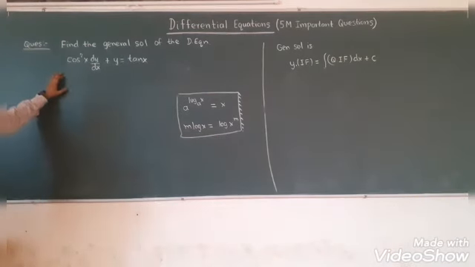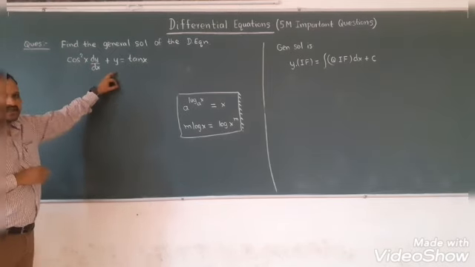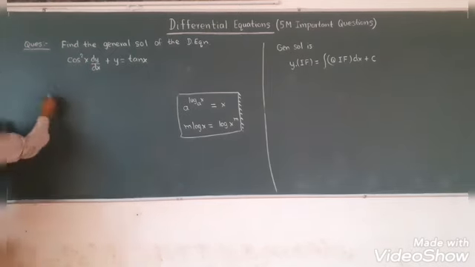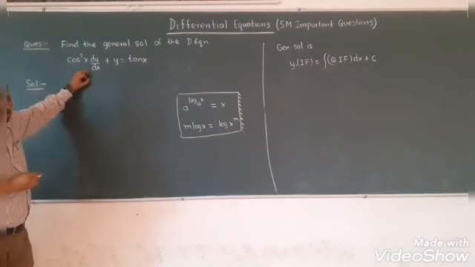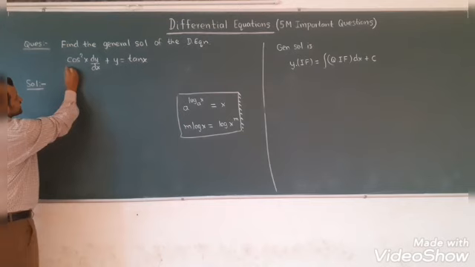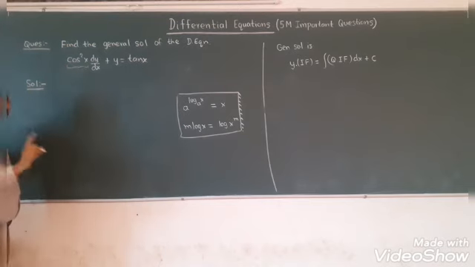The next question is, find the general solution of the differential equation cos square x dy by dx plus y equal to tan x. Let us see the solution of this question. Now you can see here, coefficient of dy by dx is cos square x, but what I told you, coefficient of dy by dx should be equal to 1.